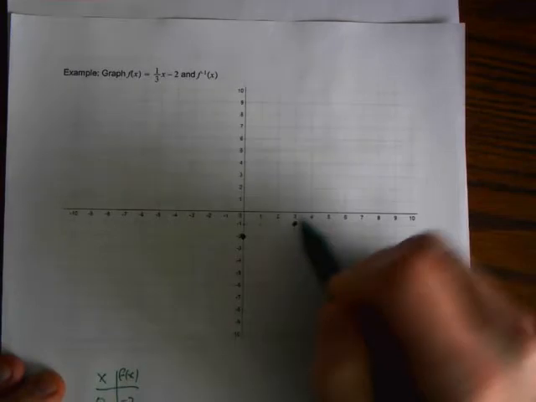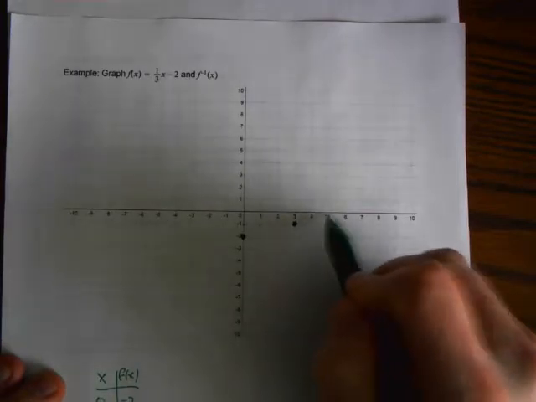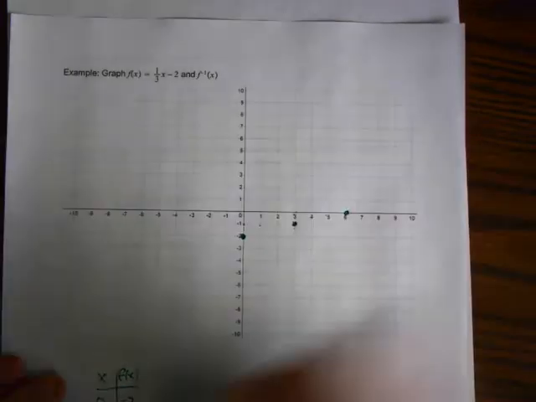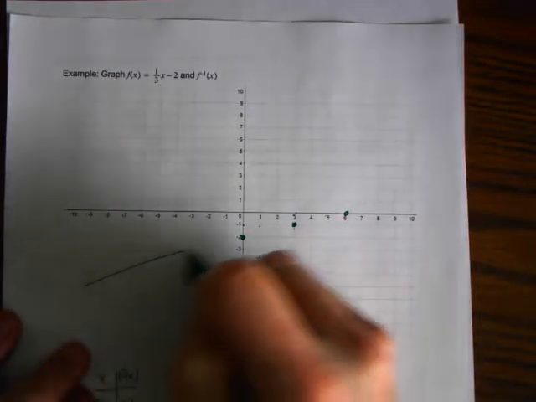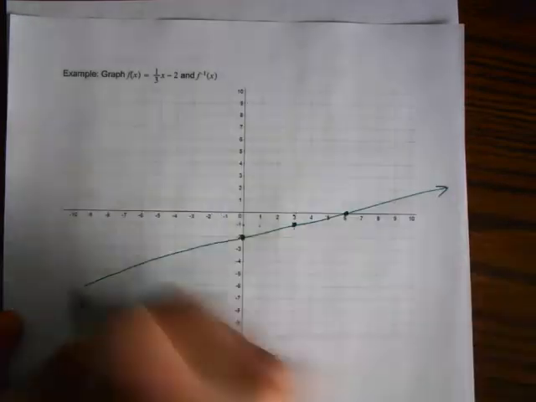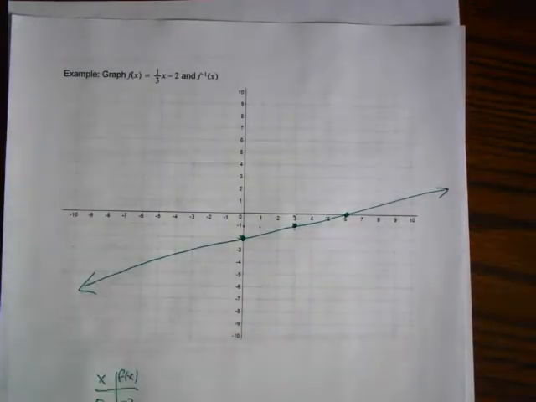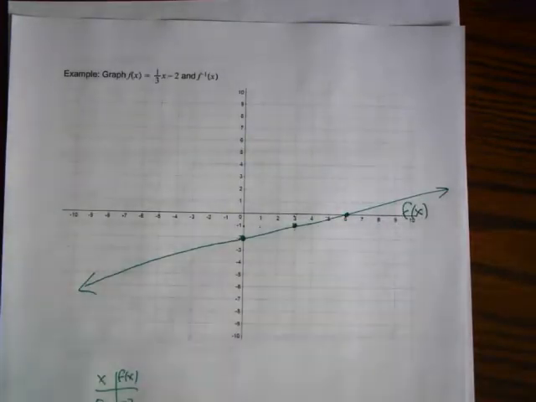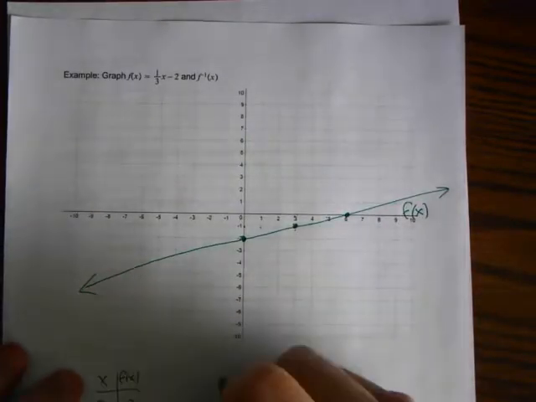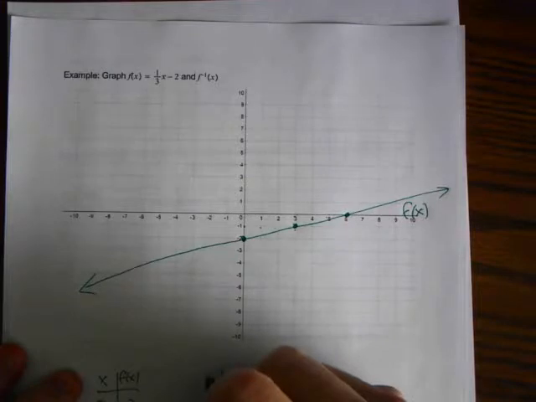And then I could do that again. I could go up 1 over 3. And I end up at 6, 0. I wish I'd have used a ruler, but I didn't. All right, so this is the graph of f of x. Now, to graph f inverse, I don't really need to know an equation for f inverse.